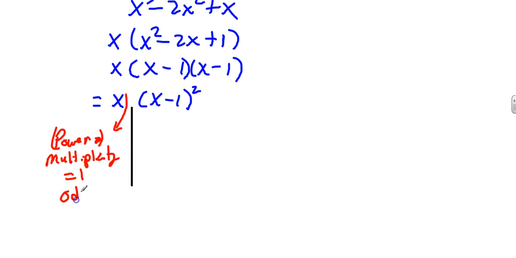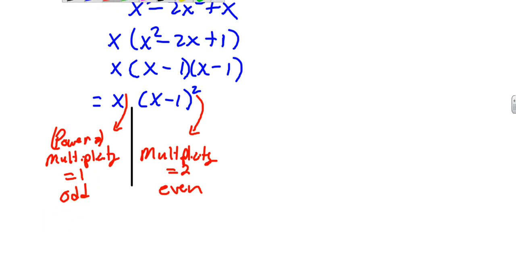And again, the important thing is whether it's odd or even. This one, your power is 2, which means your multiplicity is 2. But again, the key thing is that's even. The even and odd powers tell you what it's going to do. If it's odd, that means you're crossing through. And if it's even, that means you're going to turn around.